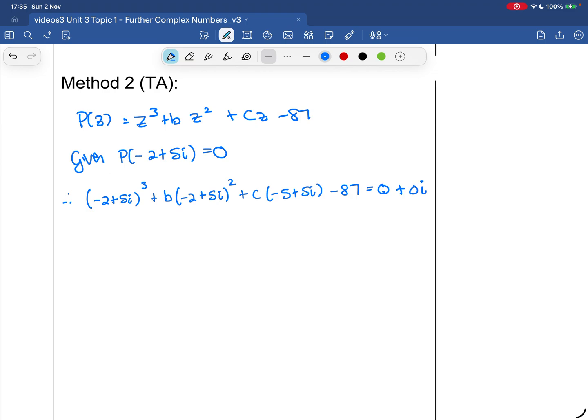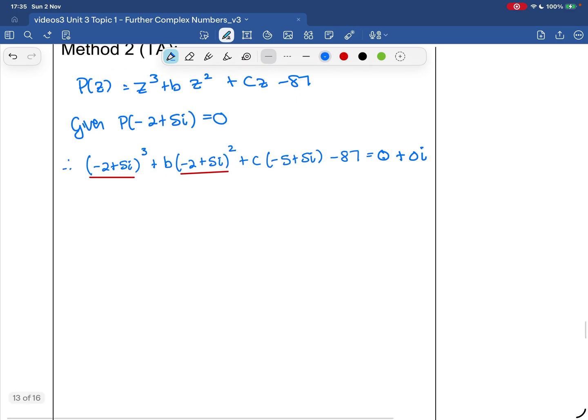All right, and I can use my calculator to expand negative 2 plus 5i cubed, negative 2 plus 5i squared. And I know you're thinking to yourself, why is she doing that? But what we're going to be doing is then looking at our real and our imaginary components.